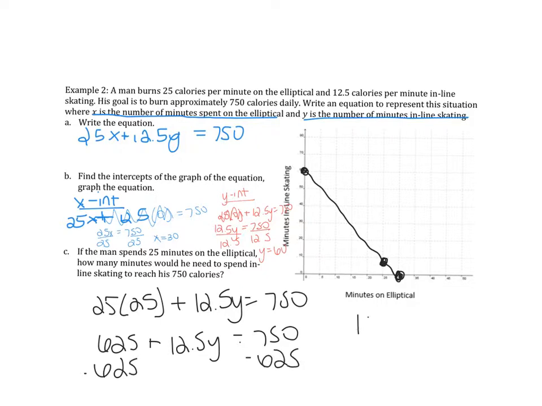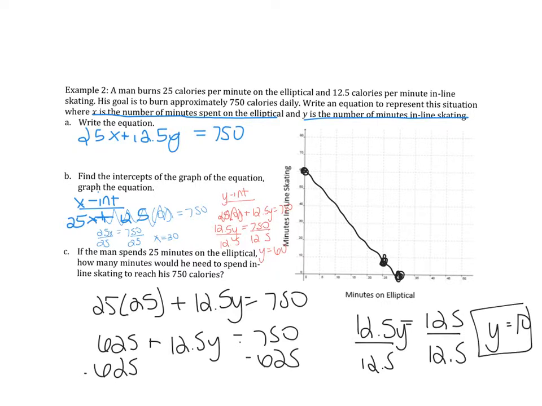So we have 12.5y equals 125. And we're going to divide the 125 by 12.5. Oh, I forgot my y there, sorry. And we end up with y equals 10, which is exactly what we estimated based on our graph. So if you spend 25 minutes on the elliptical, you'd have to spend 10 minutes in-line skating.